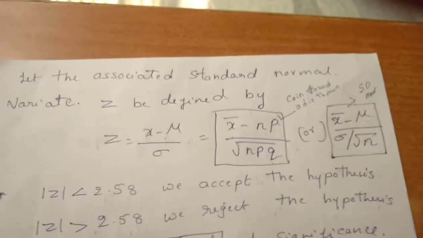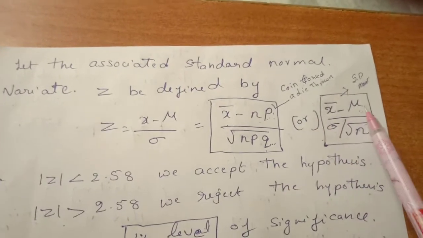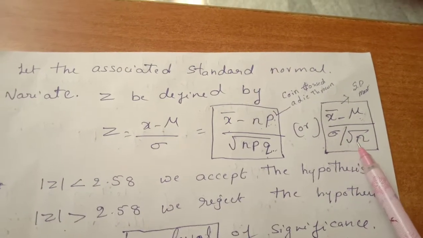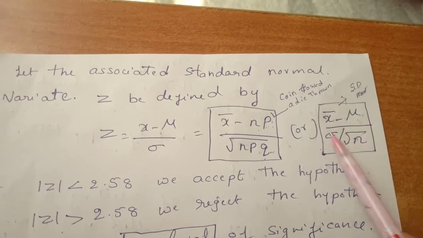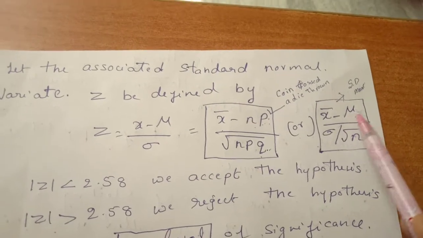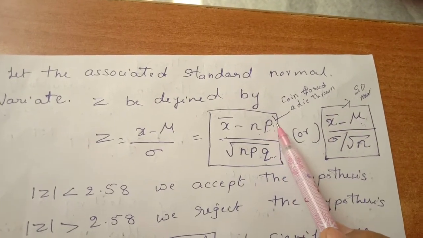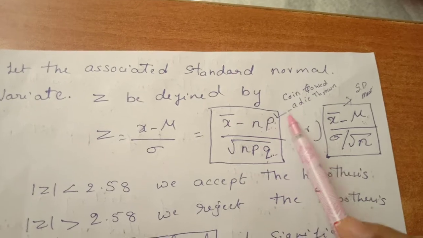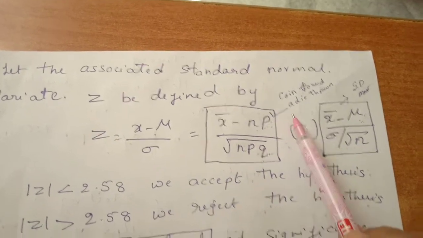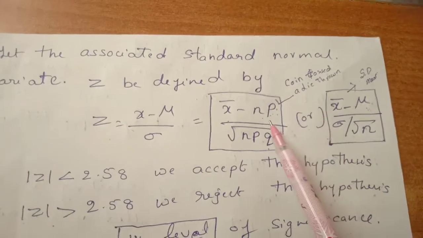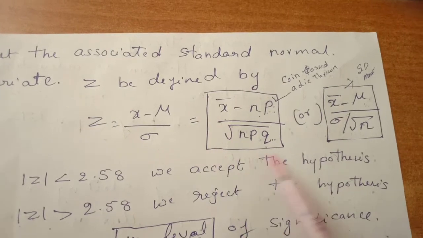So we have one more formula here, the same standard normal variate, that is x bar minus mu by sigma by root n. So for the large population we apply the second formula. For the problems on tossing a coin or throwing a die, in this case we apply the first formula.